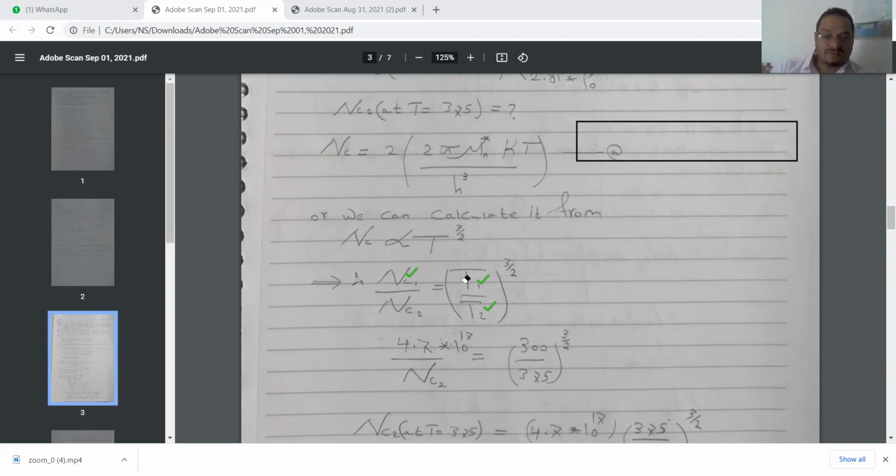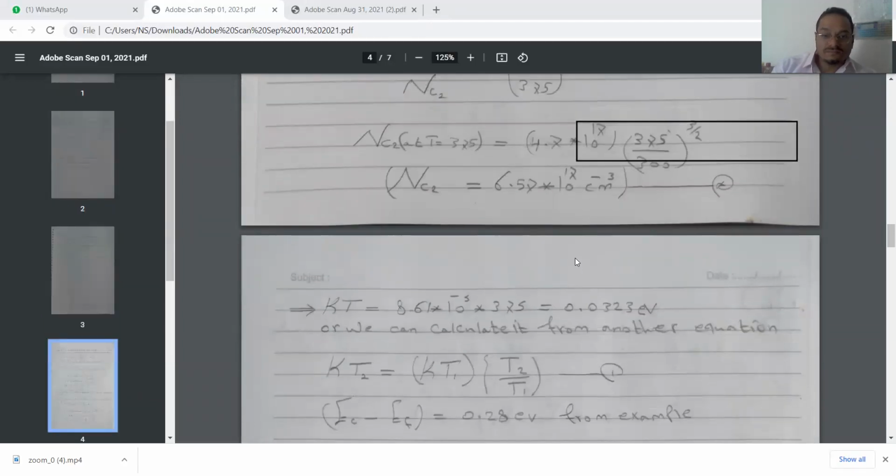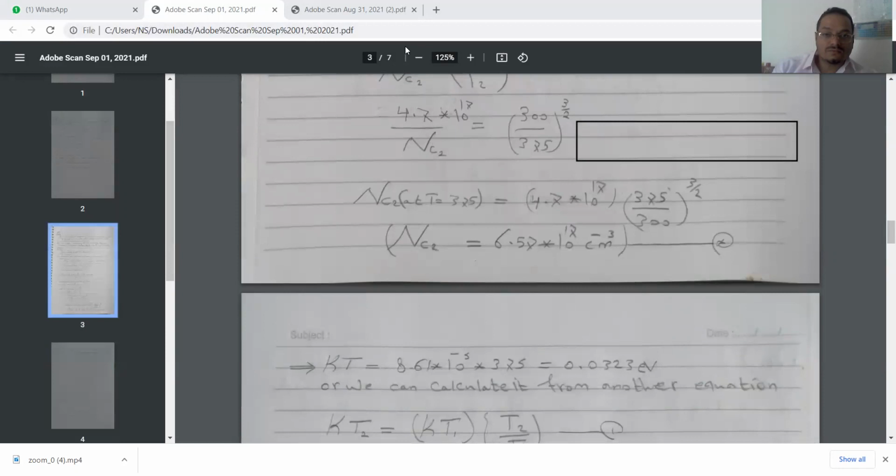Let me delete all that. Here NC2 equals 6.557 times 10 to the 17 per cubic centimeter. Now we found it. KT we must calculate, because here T is not 300 Kelvin.